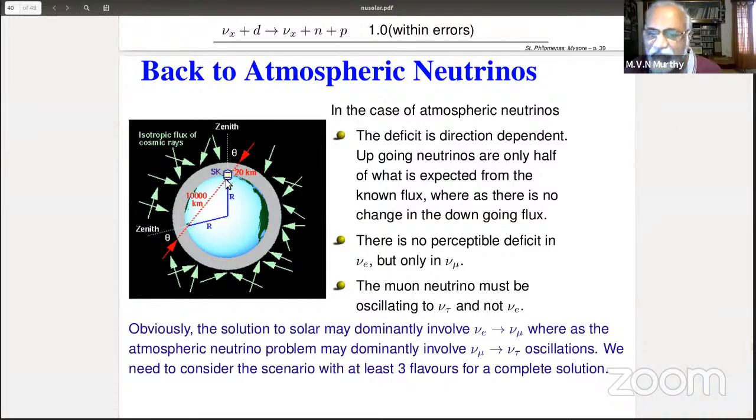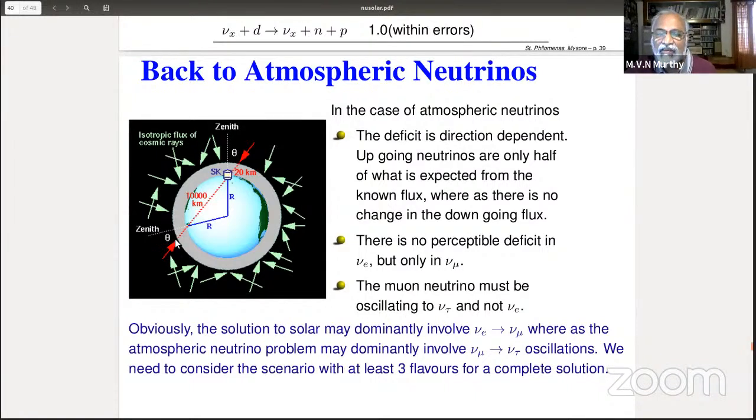Already we know that oscillations depend on the distance traveled. So if there are no oscillations, then what Super K calls the upgoing and downgoing neutrino fluxes should be the same. But their experiment found that it is different.